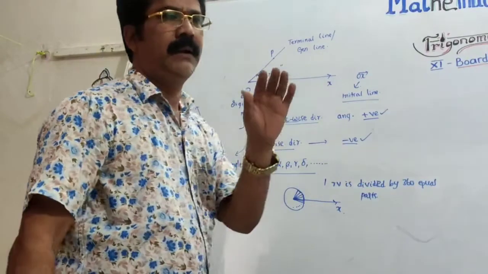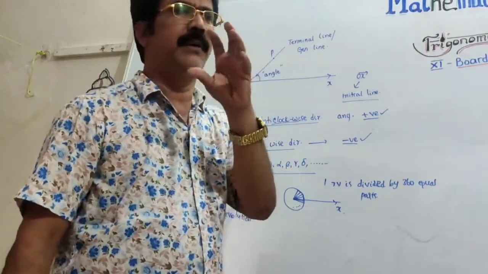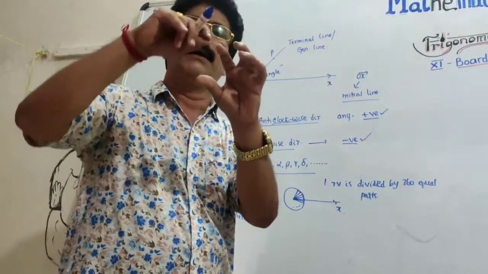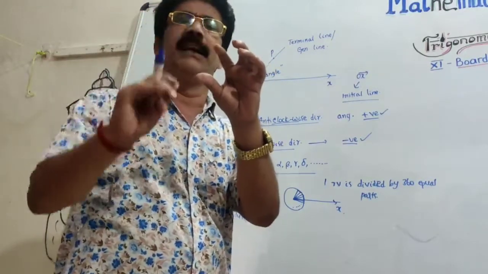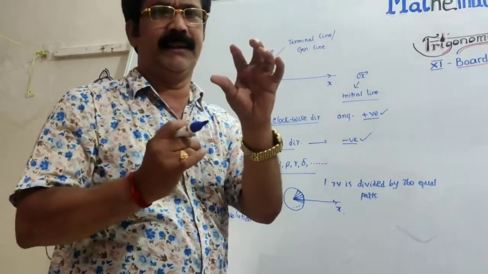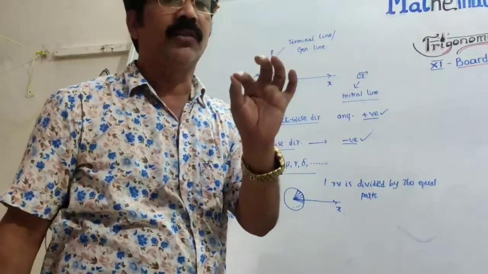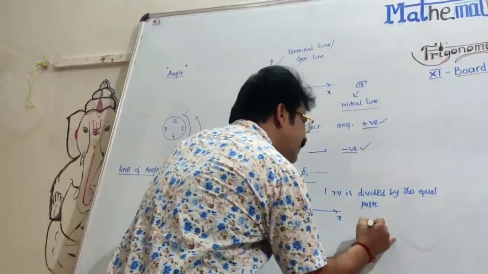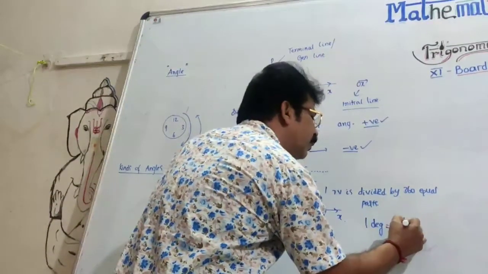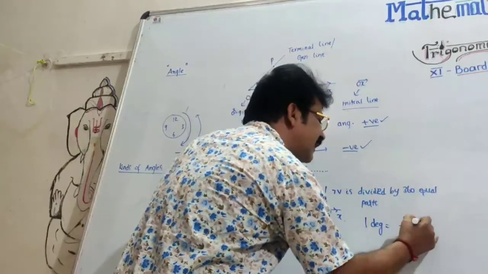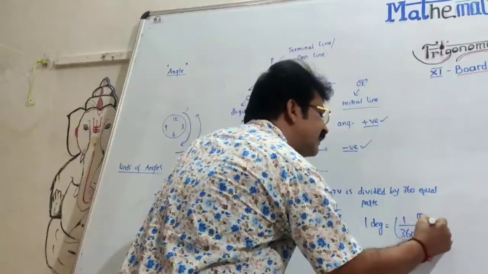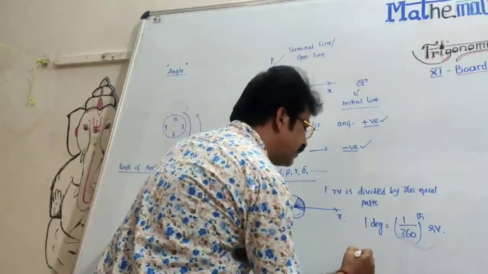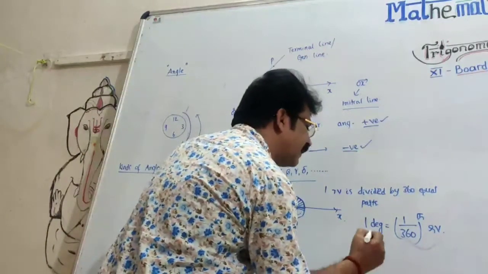For example, take one ball-shaped article, say an apple, and cut it into equal parts with a blade. Each part is called 1 degree. Then 1 degree is equal to 1 by 360 of the revolution. So by cross multiplication, 360 degrees.